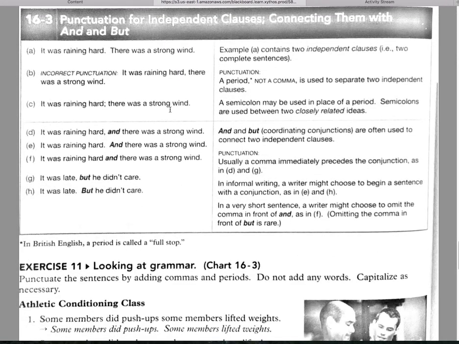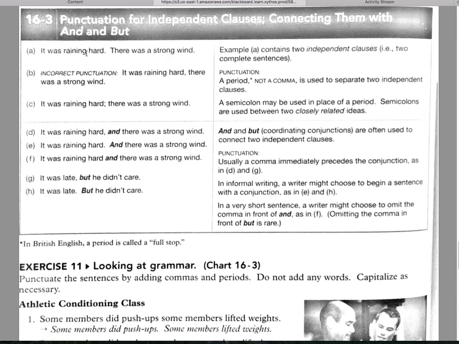So we look at chart 16.3. Punctuation for independent clauses, connecting them with and, but. Now we're going to see a variety of choices that we have here. In example A, it was raining hard, period, capital T. There was a strong wind.